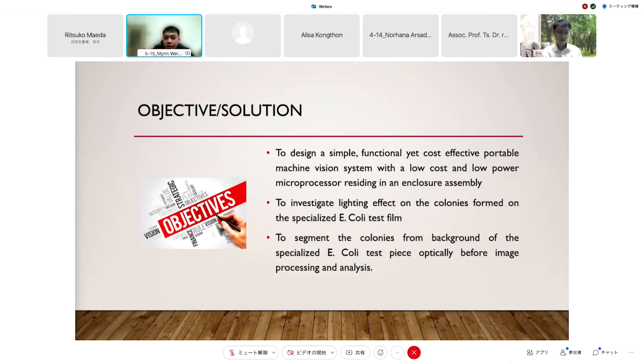Because of having the machine vision system, we also have to investigate the lighting effects on the colonies. I will explain this a bit more later on. And lastly, to enable the automatic counting of the E. coli colonies on the test piece, we have to perform optical segmentation on the image that is taken in the enclosure. Therefore, the title, optical segmentation.